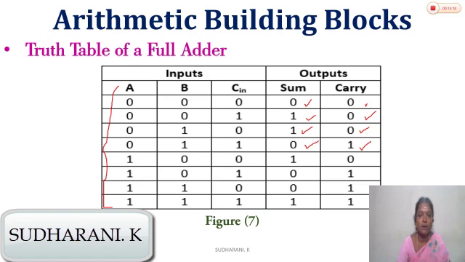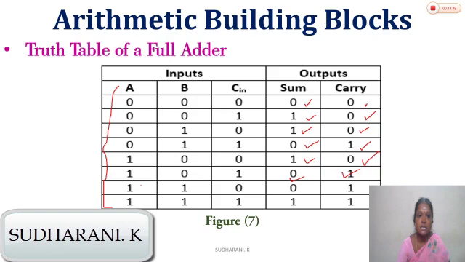When A is a 1 and both B and C in are 0, then we have only 1 in the input, so sum will be 1 and carry will be 0. If A is 1, B is 0 and C in is also a 1, then we have 2 inputs as 1, so sum is 0 and carry is a 1.